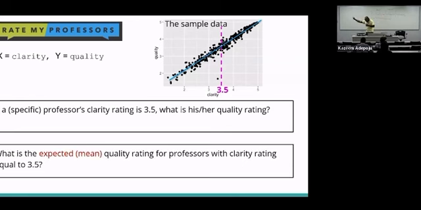What is the expected, which we also call mean, quality rating for professors with a clarity rating equal to 3.5? That is no longer an individual. Does that make sense now? You know that the two are not the same. The first one is for the individual, and the second one is for the average. So we have two types of prediction.